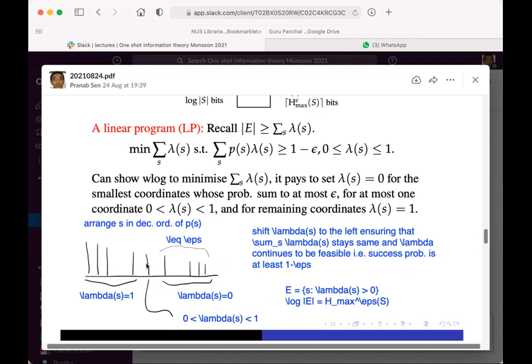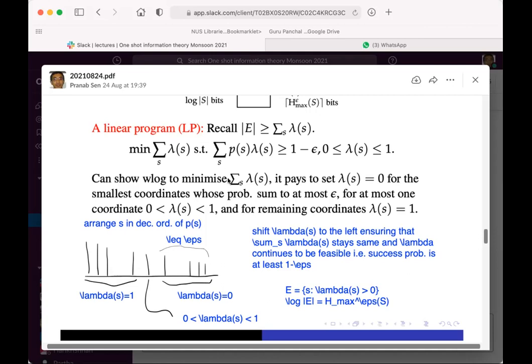So this shifting operation means I'm changing my decoding strategy. Remember, I want to show that no decoding strategy, no combination of encoding and decoding strategies, can do better than H max epsilon. I've said that if there's a decoding strategy, there's an LP, and then I'm just analyzing that LP, and saying that no LP can do better than some bound.